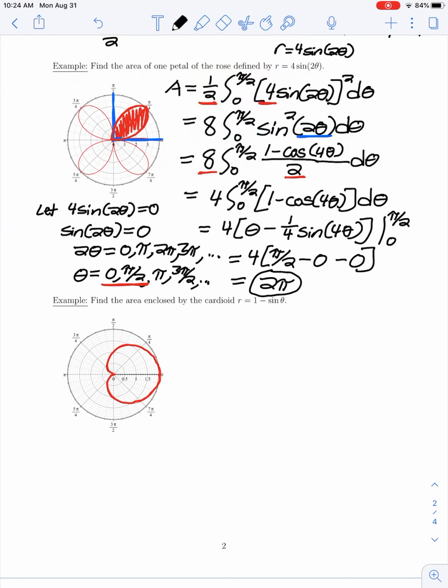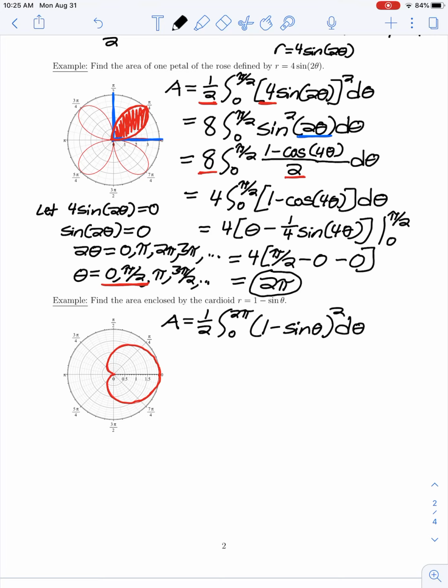So let's take a look at this. Our area is found by integrating half of r squared over our theta interval, from 0 to 2 pi to trace out the full cardioid. Now we were taking r squared, which is 1 minus sine of theta, quantity squared, d theta.